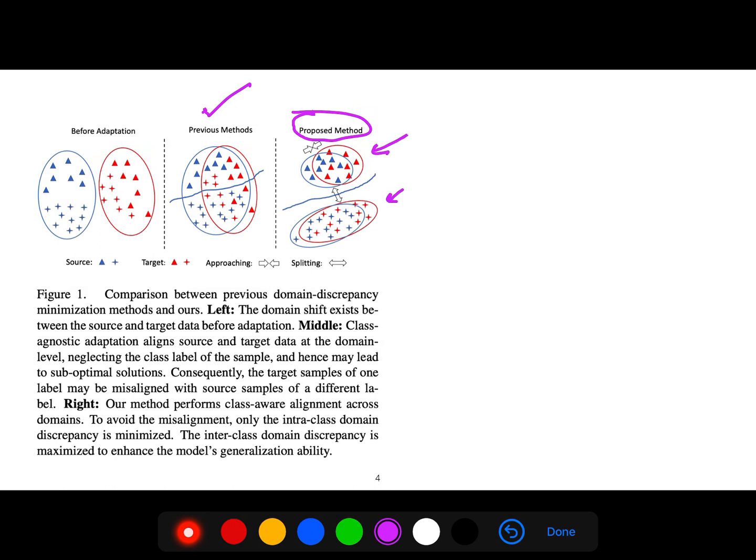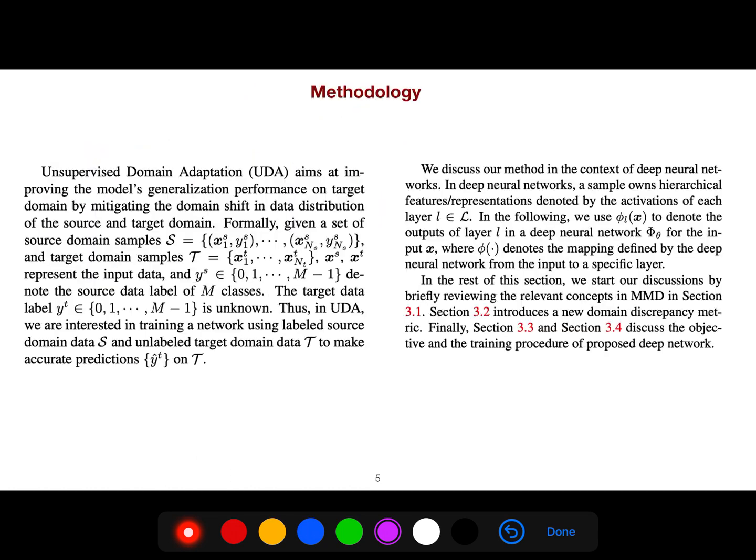So triangles are separated and plus are separated. So it's at class level, and at the same time you're reducing this gap. So you see the target and the source are merged, near each other.